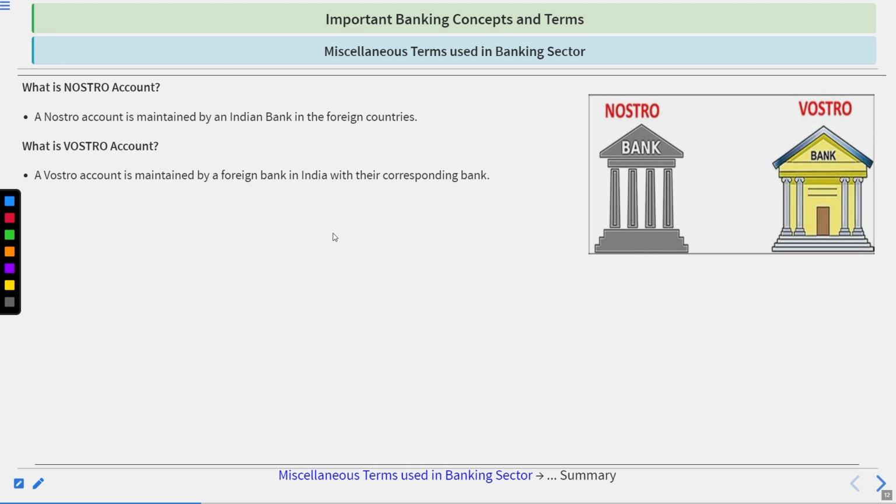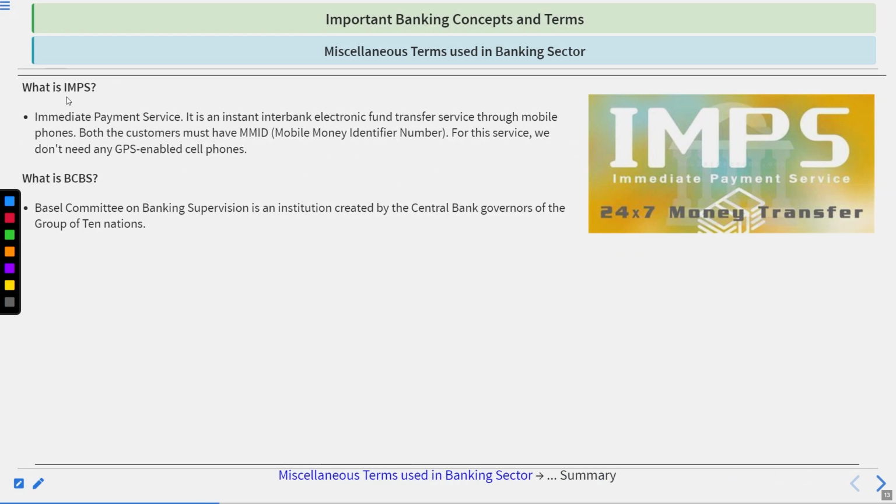Now we have the Nostro and the Vostro accounts. A Nostro account is maintained by Indian banks in foreign countries. A Vostro account is maintained by a foreign bank in India with their corresponding banks. All right. Now, what is IMPS? IMPS stands for Immediate Payment Service, which is an instant interbank electronic fund transfer service through mobile phones.